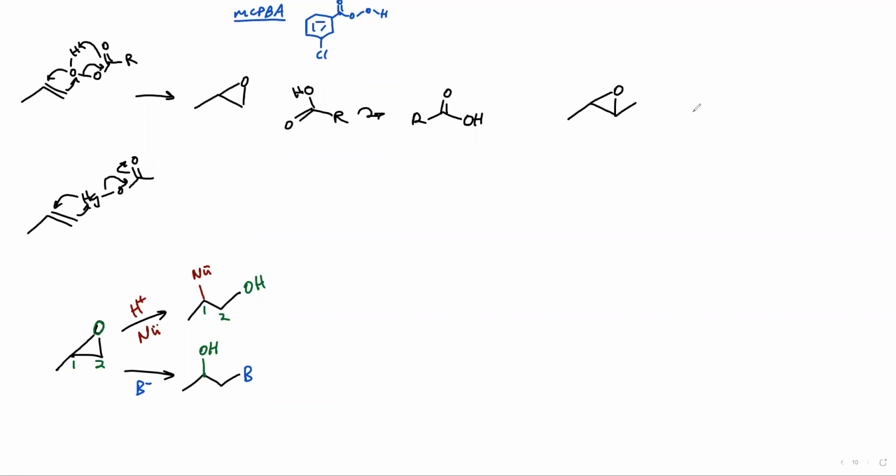So let's say that we have this here, and we just open it up with water. It doesn't really matter, H plus H2O. This is going to be directly analogous to X2 reactions, in the sense that we will get this or this. Oh no, there is something going on here. You guys notice something, right?